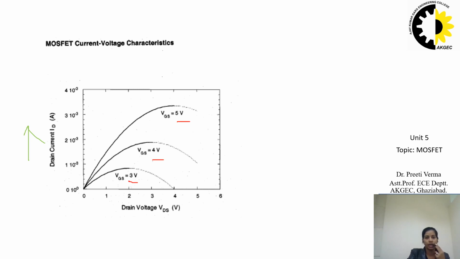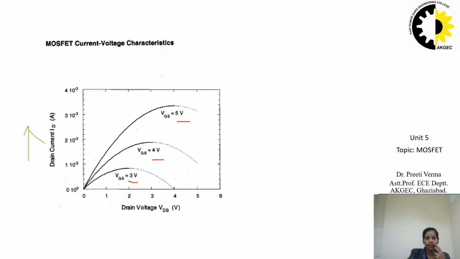As the drain voltage is being increased, the current is increasing up to a certain value of the drain potential, and then actually it should start decreasing in a parabolic manner.